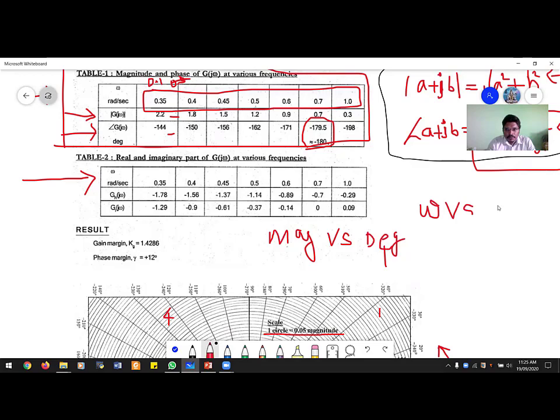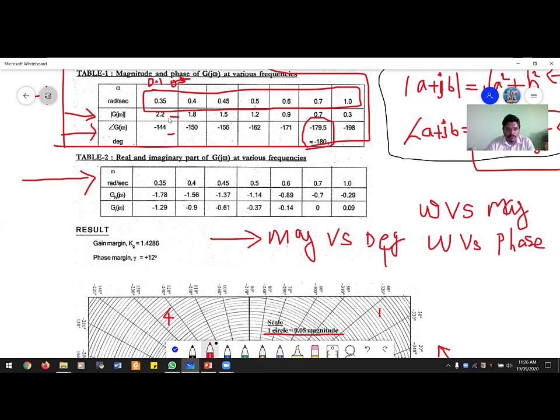Alright? Then we plotted frequency versus phase angle. So here the plot is completely different. Here we are going to plot only one plot, magnitude versus phase angle degree.